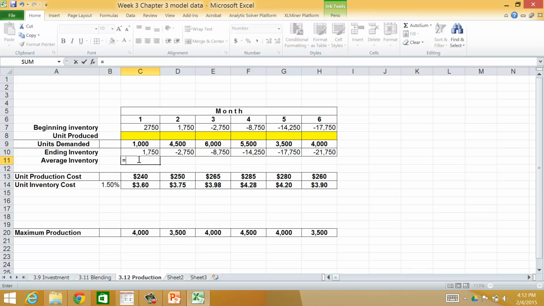And this equals the beginning inventory plus ending inventory divided by 2. Copy the other way, so that's oh, did I? Oops. Oh, right. We don't have an average inventory at the... Let me see. This one is the average inventory.